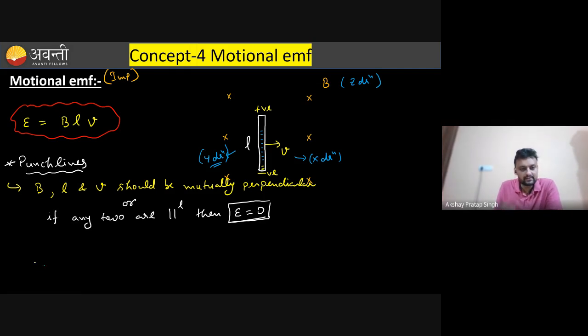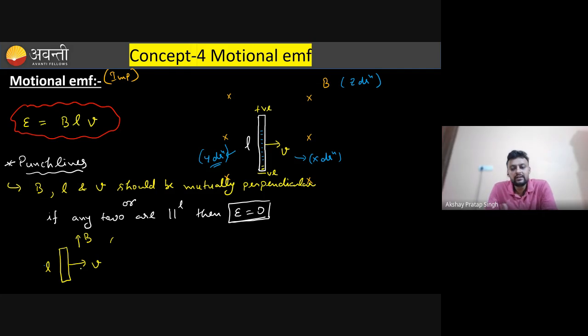I will give you some examples. Just take an example before I write the second statement. I will write the second punchline on the next slide. So just take an example. Let's suppose this is a rod of length L. The magnetic field is in the upward direction B, and velocity is in the horizontal direction like this.